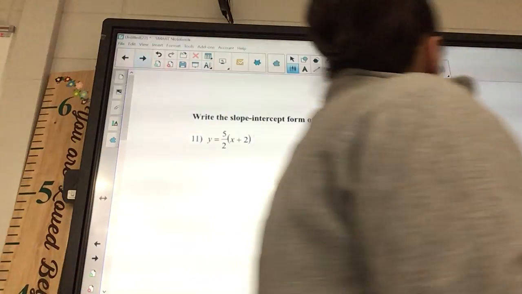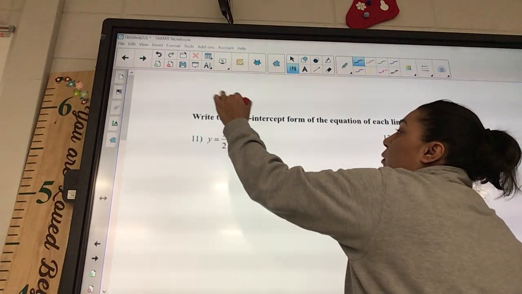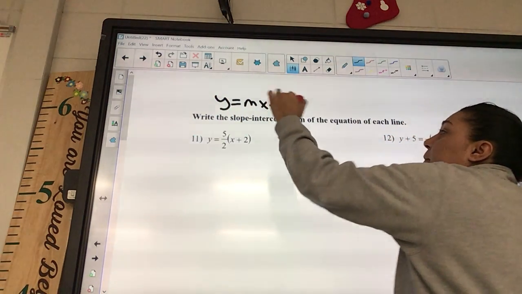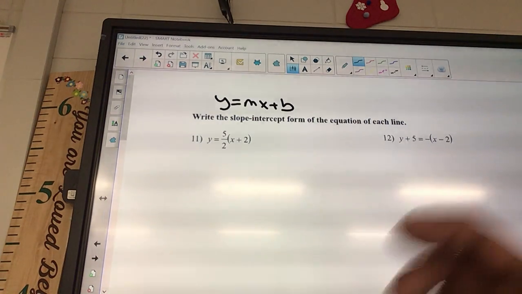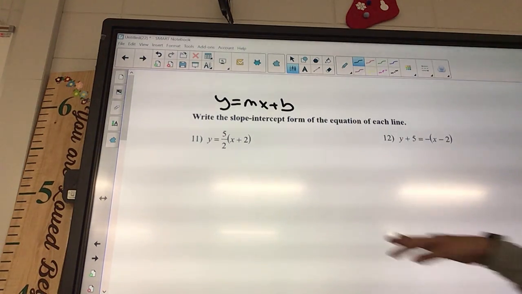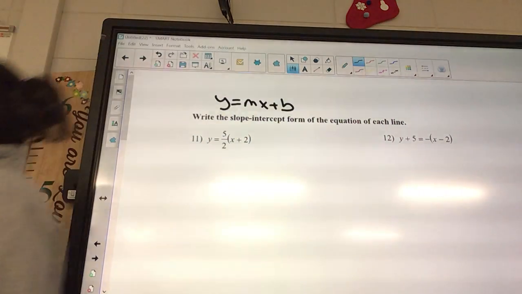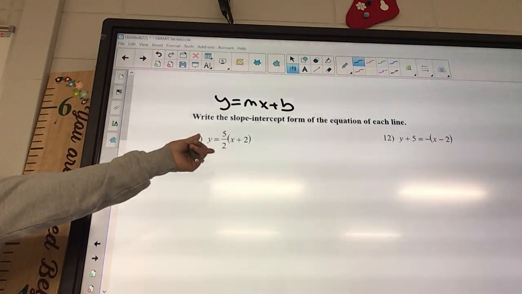Okay, 11, write the slope-intercept form. We have y equals mx plus b. What form is that in? It's in form 2, point slope form. It looks kind of weird, so there's no y1 right here. If there's nothing there, then it's given that it's a 0.